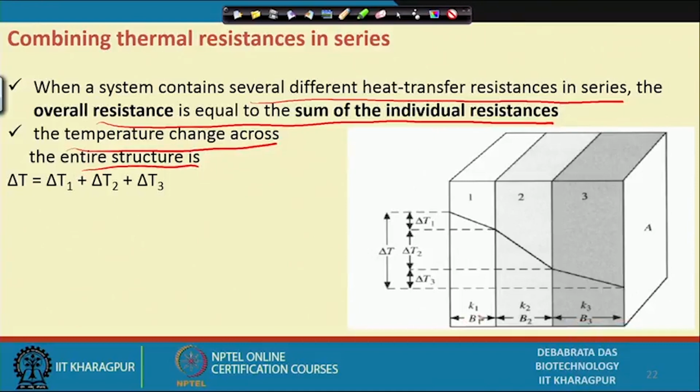So, let us have one resistance, two resistance, three resistance, and see how the temperature changes across the different resistances that we have. The total temperature change is del T, with del T1 across this layer, del T2 across this resistance, and del T3 across this resistance.